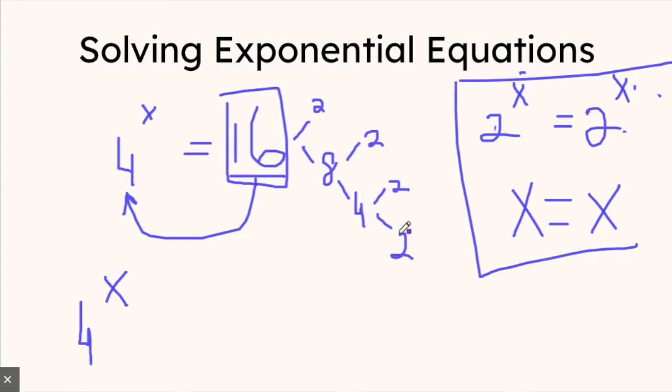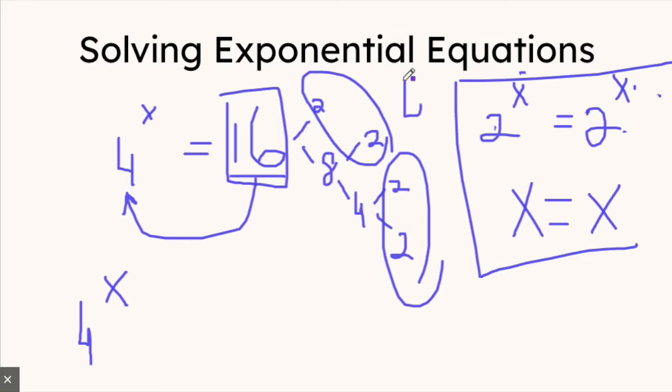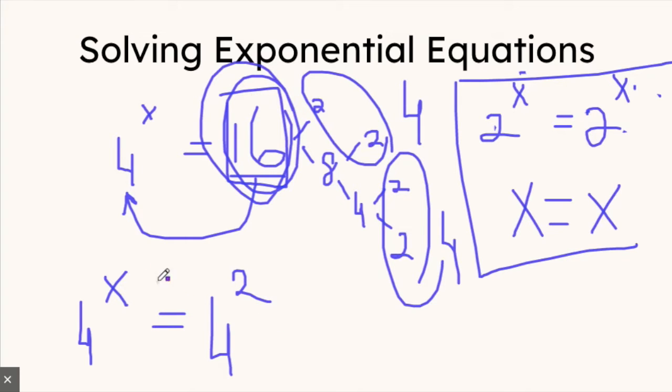I'm taking this, now I'm dividing it and looking at its components. I see that there are 2 2's here. 2 times 2 is 4, so we have 2 4's. So 4 to the 2nd power is equal to 16. X, therefore, using this rule, is going to equal 2.